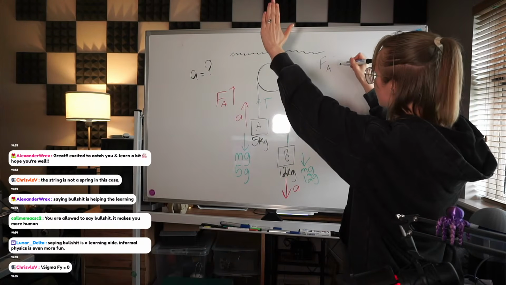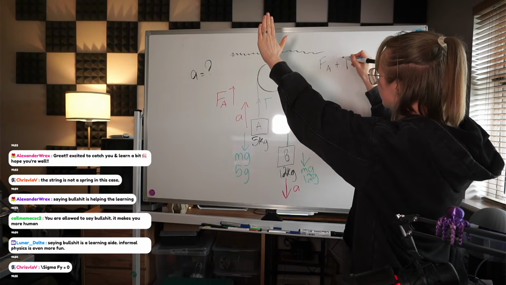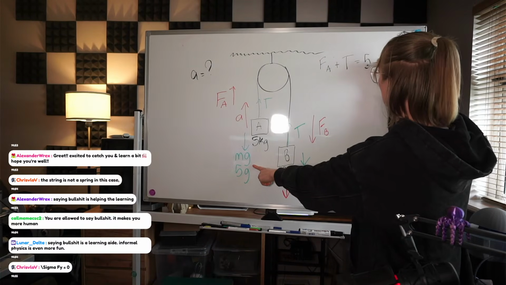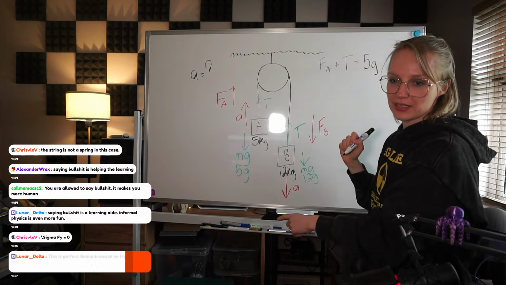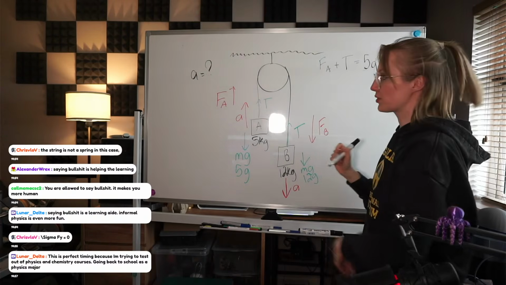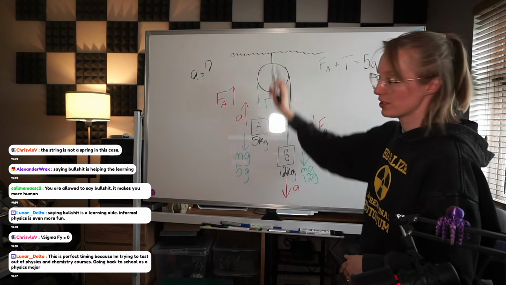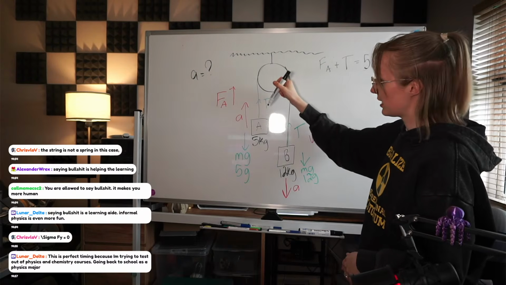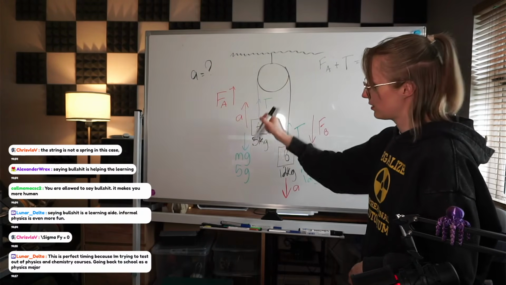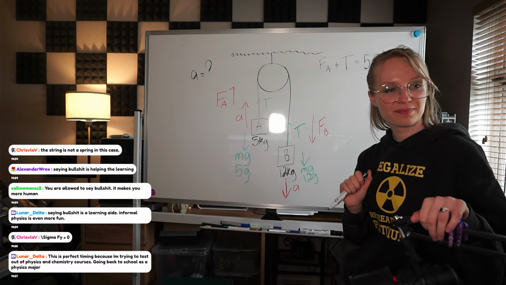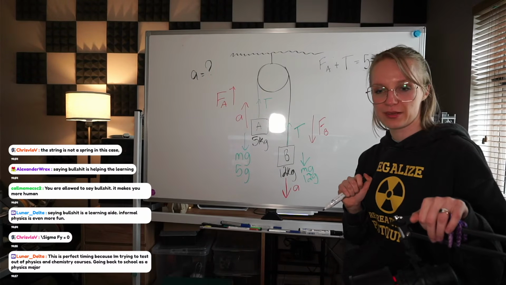Force A is in this direction, plus T in that direction is equal to all the forces down, mg, 5g. So all the forces up equal all the forces down. Fa is a force going up, plus tension, another force going up, is equal to all the forces down, 5g. What Newton's law am I thinking of here when I'm equating all these forces up and down?